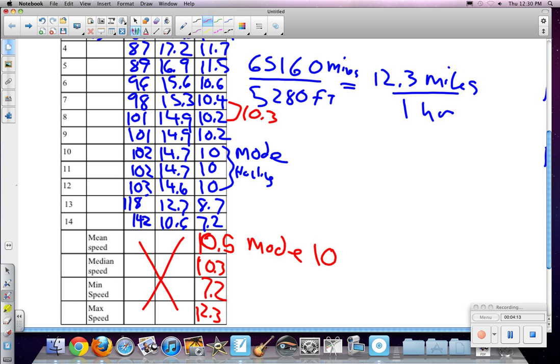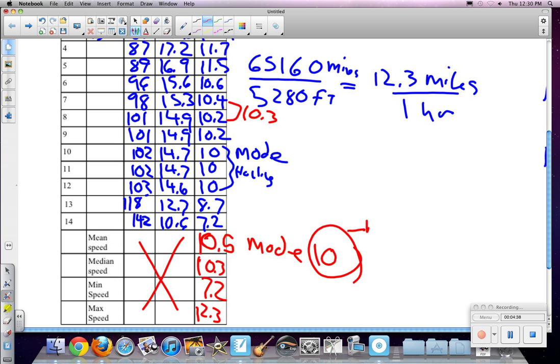So what number do we feel might best represent this set of data? 10. We like 10? Okay, so I feel like 10 miles an hour is in between 7 and 12, and it seems to be pretty recurring. And 10 miles an hour seems like a really decent pace to be able to maintain if you have a trailer and you're going down like that.